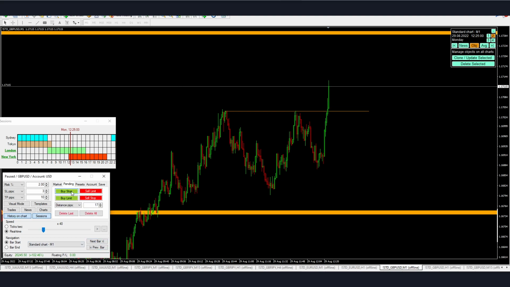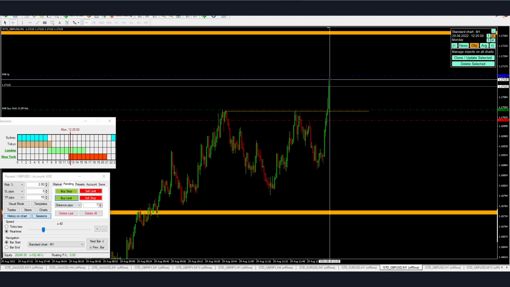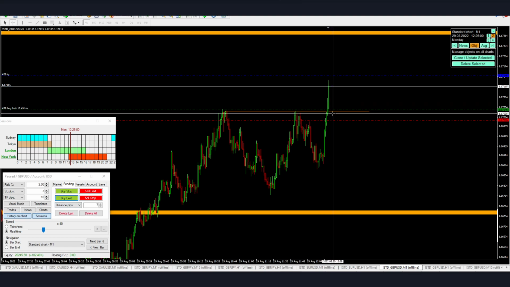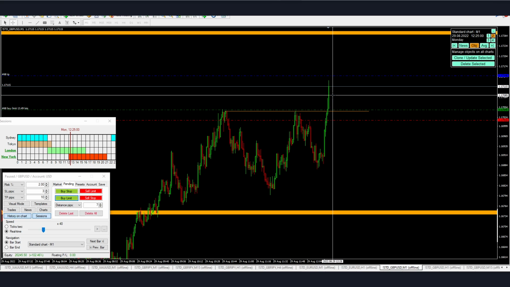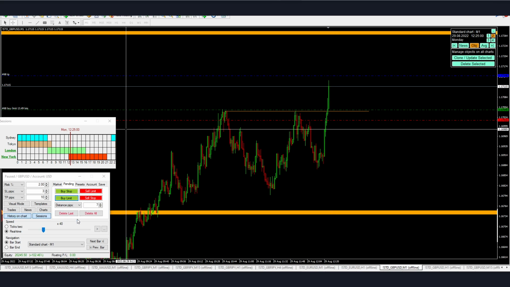Okay, so now we're going to place the buy limit 7 pips away, which is around over there. You can see how this same price action on the actual 20 tick chart would probably have already given us the retest.